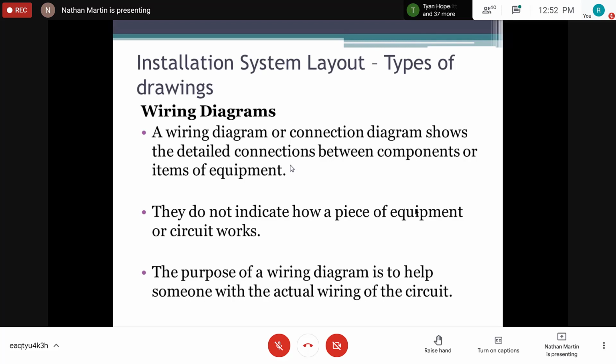They do not indicate how a piece of equipment or circuit works. That's basically what the circuit diagram will show. The purpose of the wiring diagram is to help someone with the actual wiring of the circuit. So for instance, you get a circuit to wire, and it will help you if it's your first time.